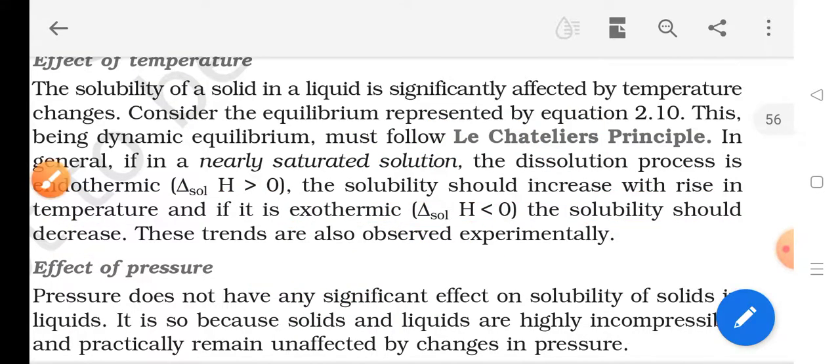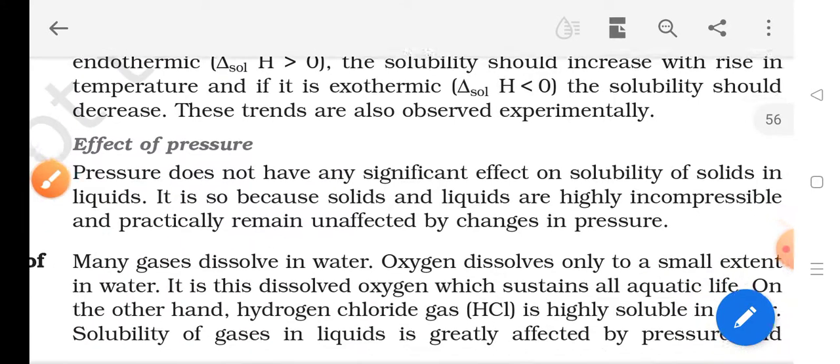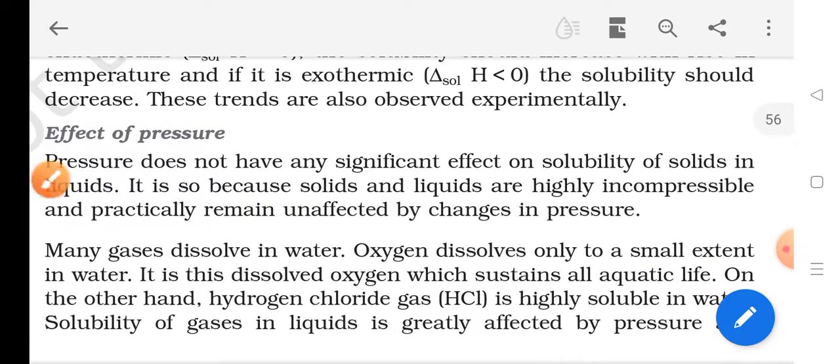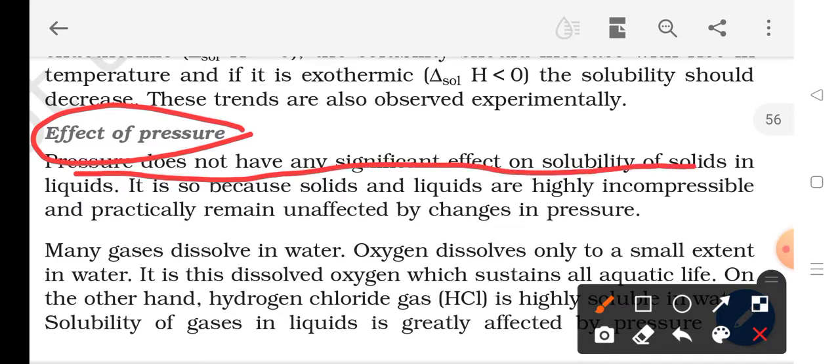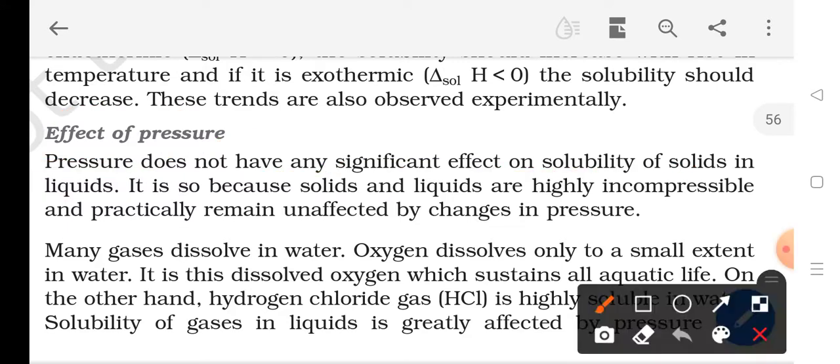And now we are going to the effect of pressure. When we dissolve a solid in a liquid, pressure doesn't have any significant effect on solubility. Why? Because we know that liquid and solid are incompressible. If we press them, their shape doesn't change much.